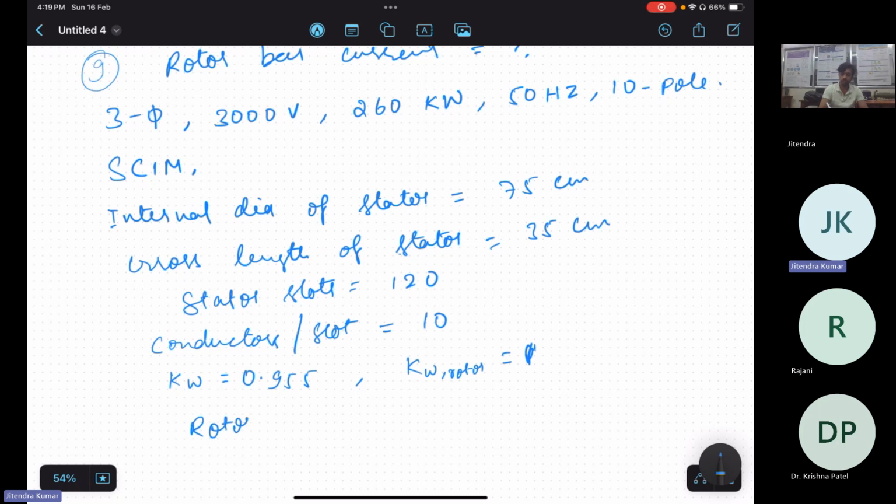Rotor slots is equal to 115. Efficiency you can take as 90% and power factor you can take as 0.9. So we need to calculate the bar current here.